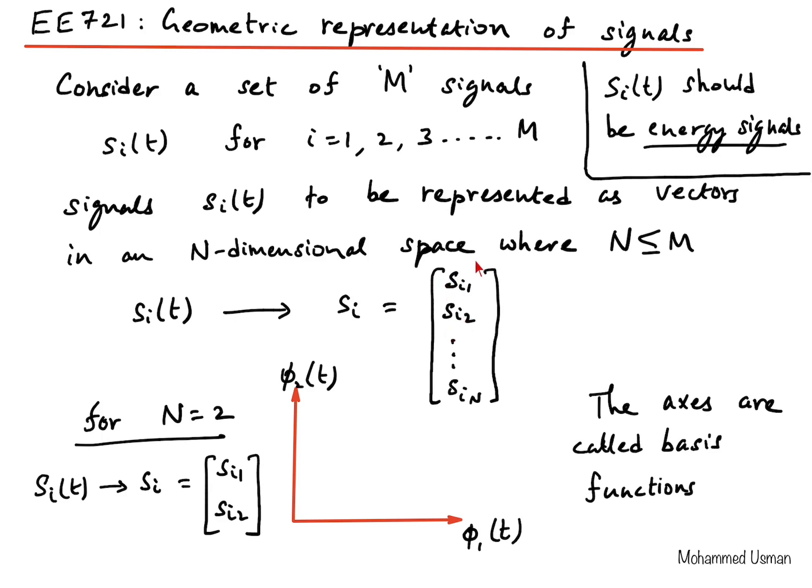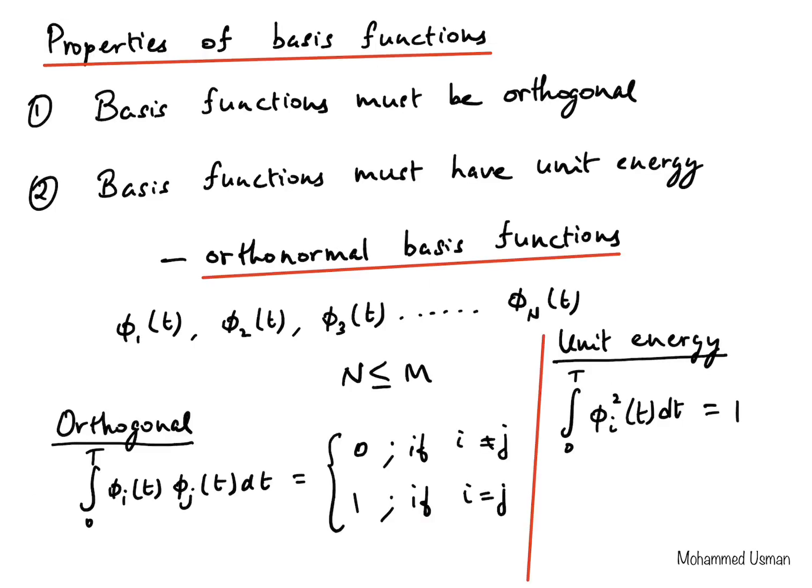So we can write our signal s_i of t in terms of this vector and the basis functions phi j of t, and that way we can synthesize our signal using these vector elements and the basis functions.